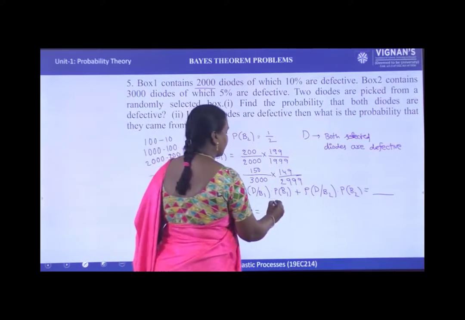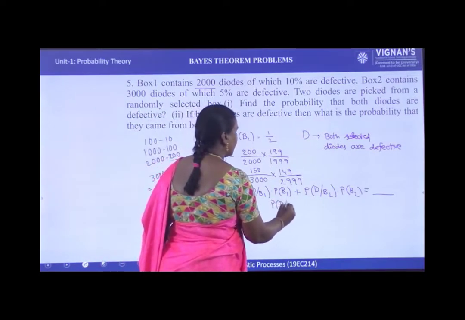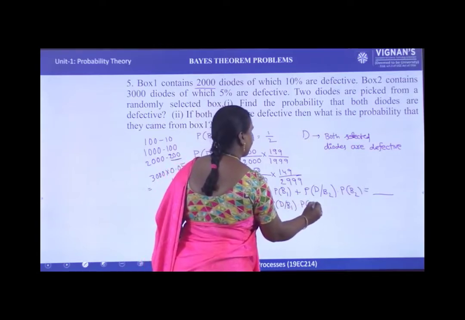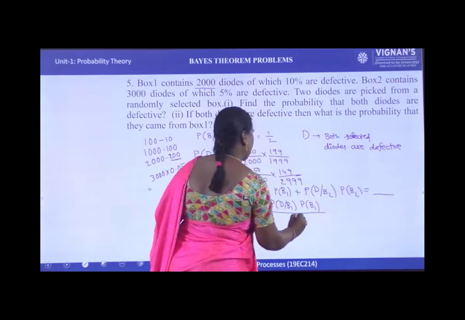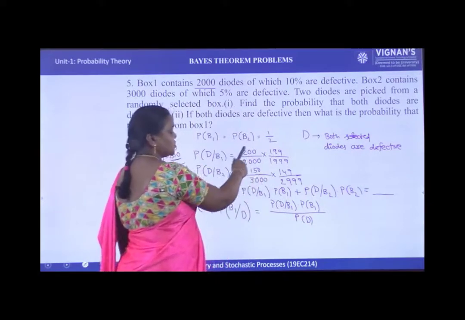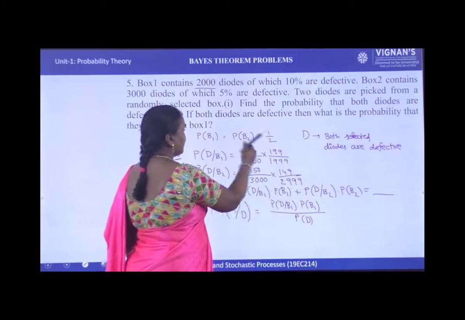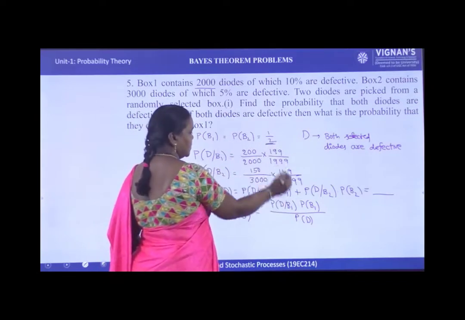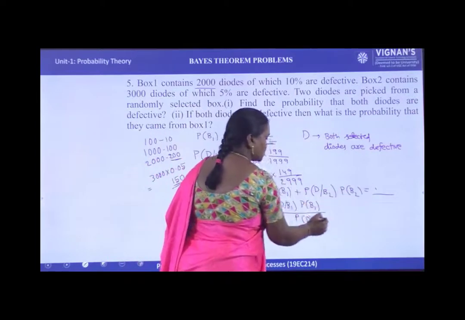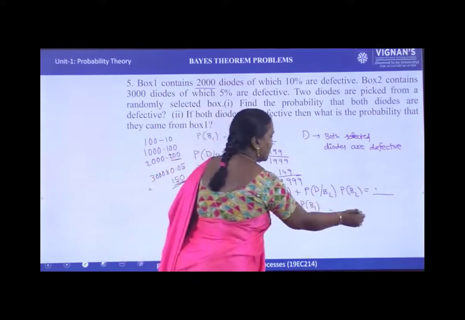So P of D by B1 into P of B1, by P of D. P of D by B1, you substitute this. P of B1 means 1 by 2. And P of D, you will solve and substitute that. So you will get the answer.